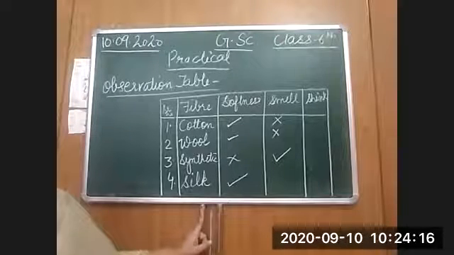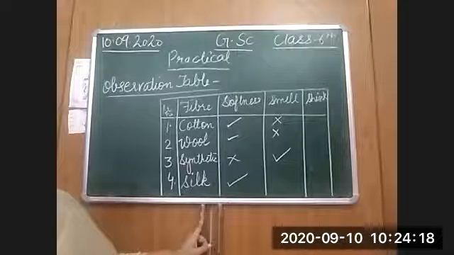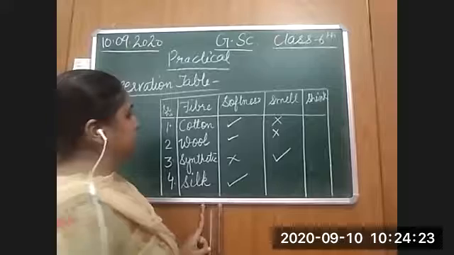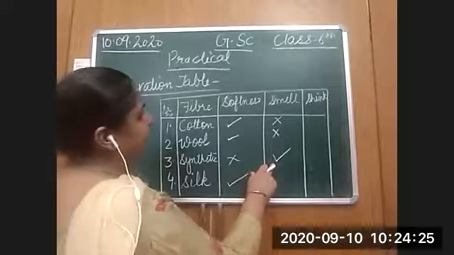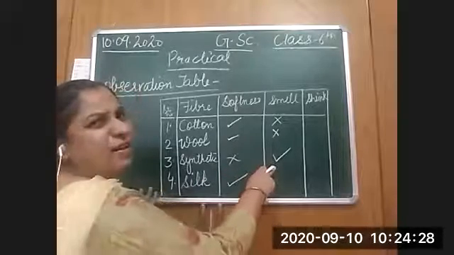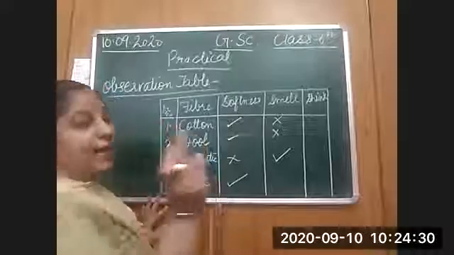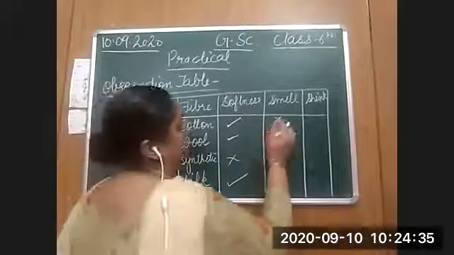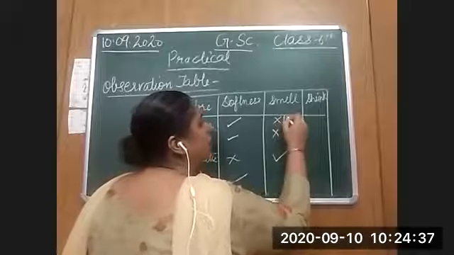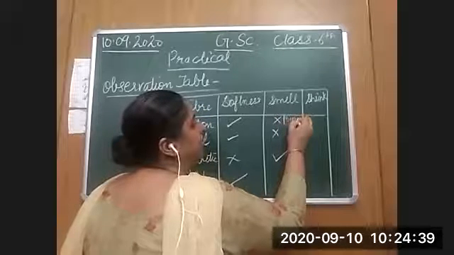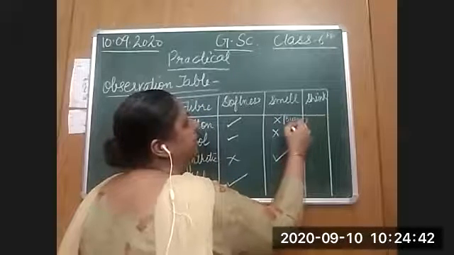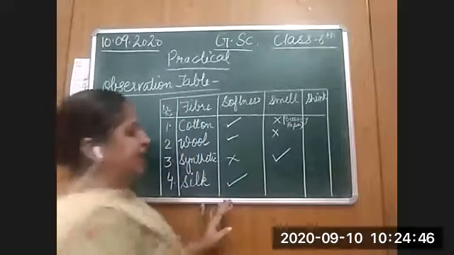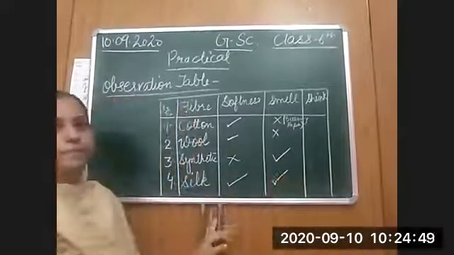So when you burn it, it will give a very pungent smell of rotten egg. It will also give smell, but that will be of burning paper. You can write smell is not pungent. You can write here of burning paper. Right? And when you burn silk, again there will be a smell.